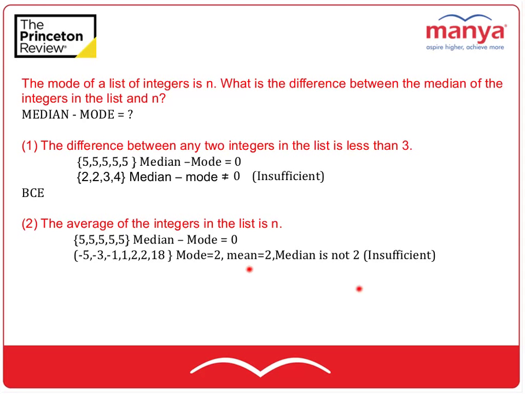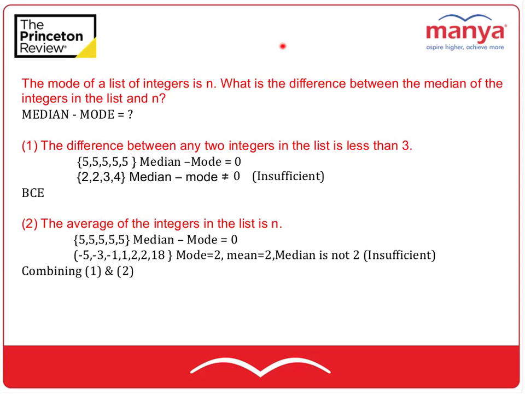That is not the condition here. So the difference is not going to be 0. Once it is 0 and once it is not 0, so the second statement is also not sufficient. So then, what am I to do? If both the statements are not sufficient individually, that is where I am going to combine statements 1 and 2.